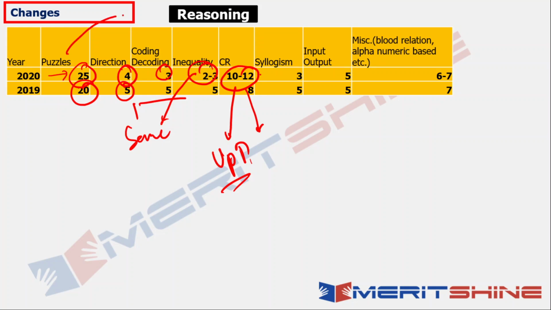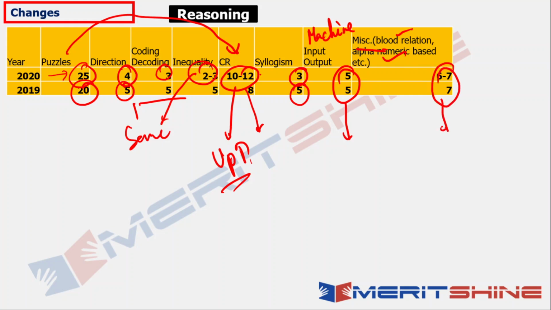After puzzles, if you see a single contribution, it is of CR. Syllogism, 3 questions. Normally it had been 5, but 3 questions is cool enough too. Machine input output, 5 questions in each year, both 2019 and 2020. And then there are some miscellaneous topics like blood relation, alphanumeric based puzzles, stuff like that.